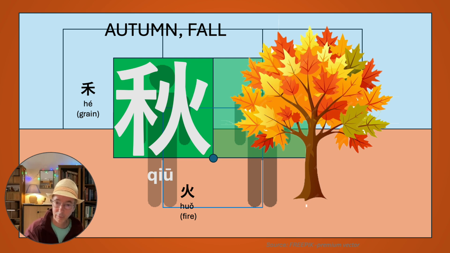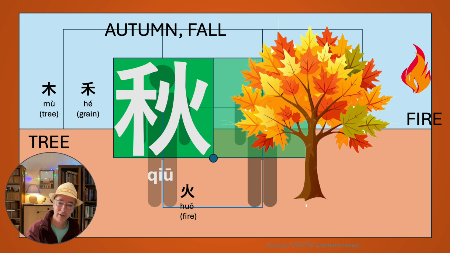That's how you can recognize and sense how autumn fits with that tree and fire, as you can also see. And the first character is not just about grains. You can also recognize the tree there, the character of tree. And that's what it basically is, that association of the tree with fire.